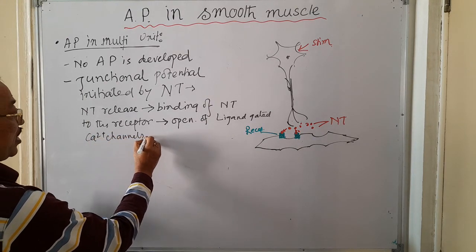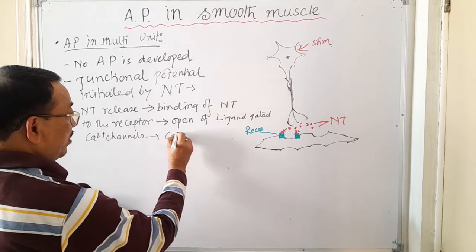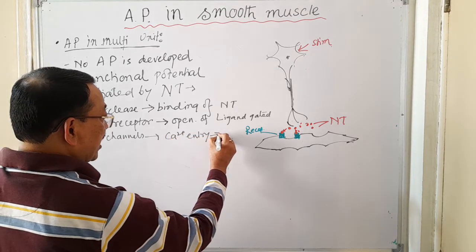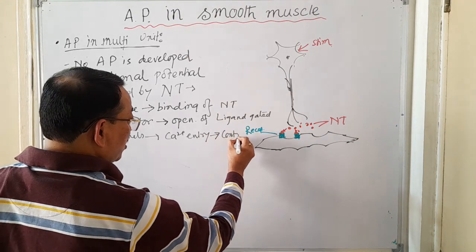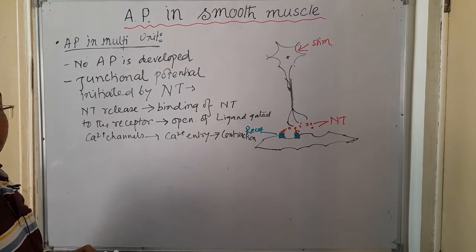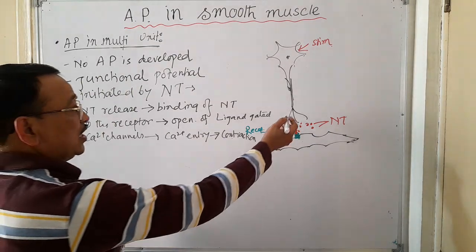Ligand gated calcium channels will open, so calcium entry will take place, and that is responsible for contractions of that particular multi-unit smooth muscle. So what's happened?